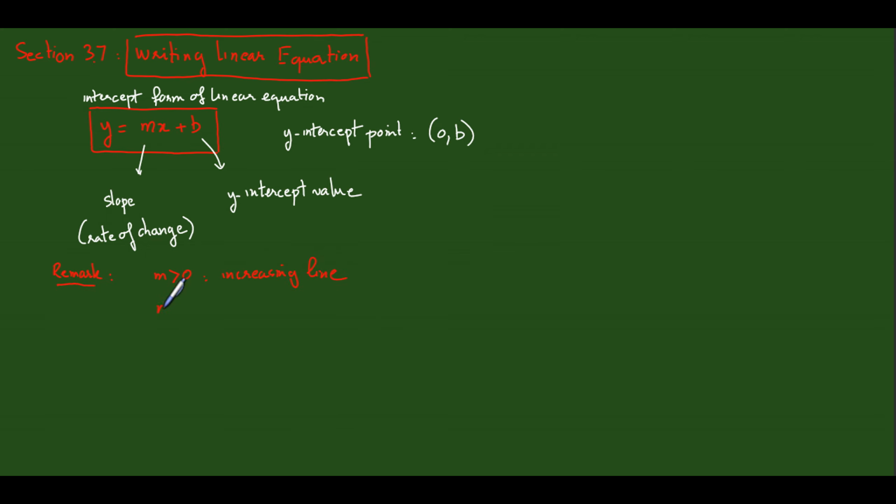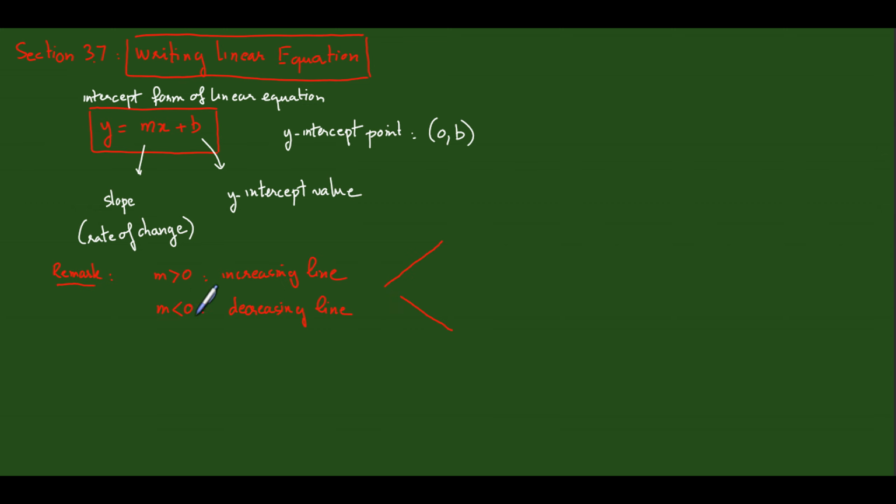And if m is negative, we will have a decreasing line. Increasing line is something like this, and decreasing line is something like this.